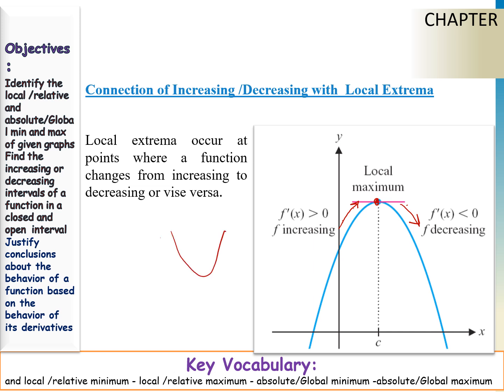Similarly, if decreasing changes into increasing, a certain point comes in between where the slope of the tangent line is 0. So that is the relative minimum. When decreasing changes into increasing, you will have a relative minimum. When increasing changes into decreasing, you will have a local maximum.